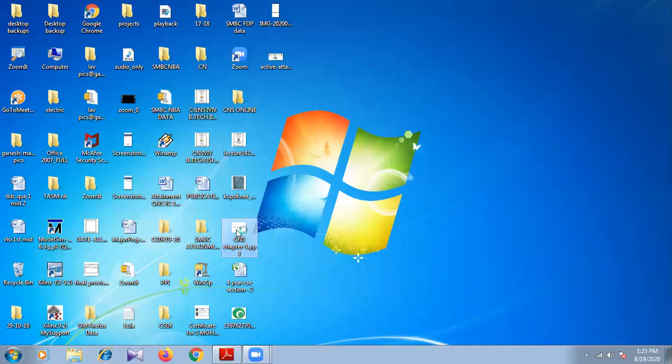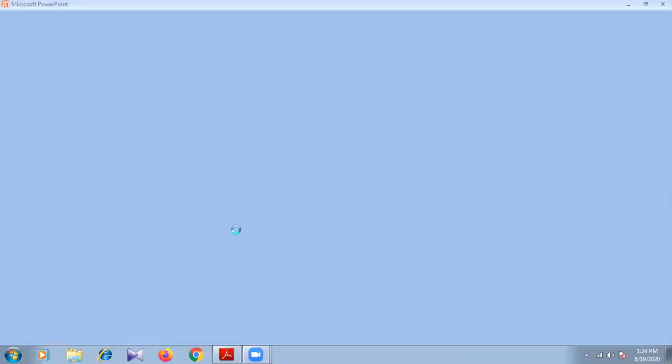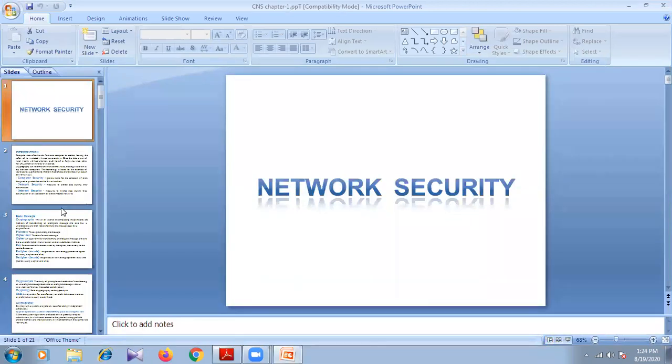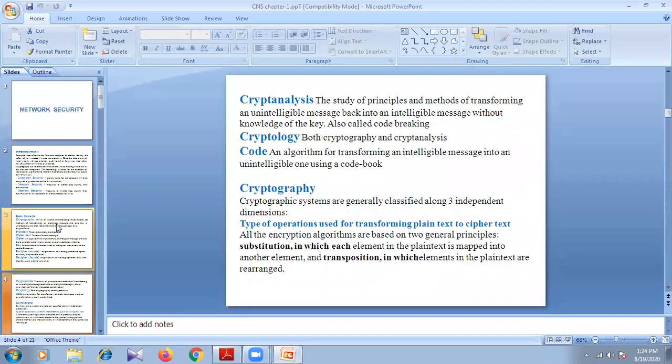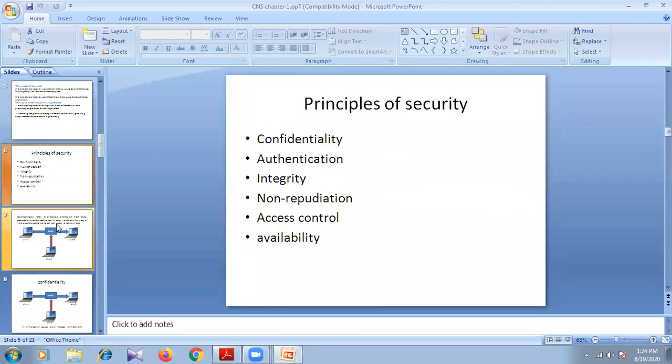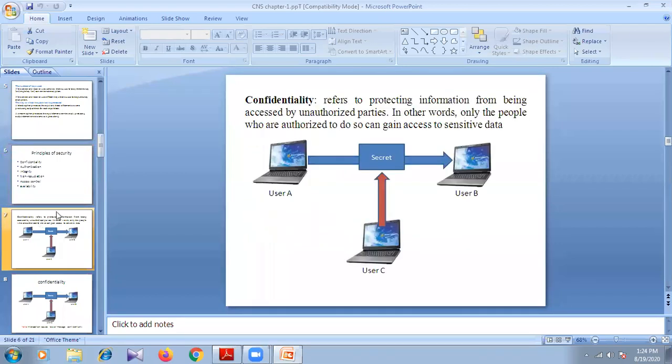These are the security services we mainly use. First one is confidentiality. With confidentiality you provide protection of the information from unauthorized parties.